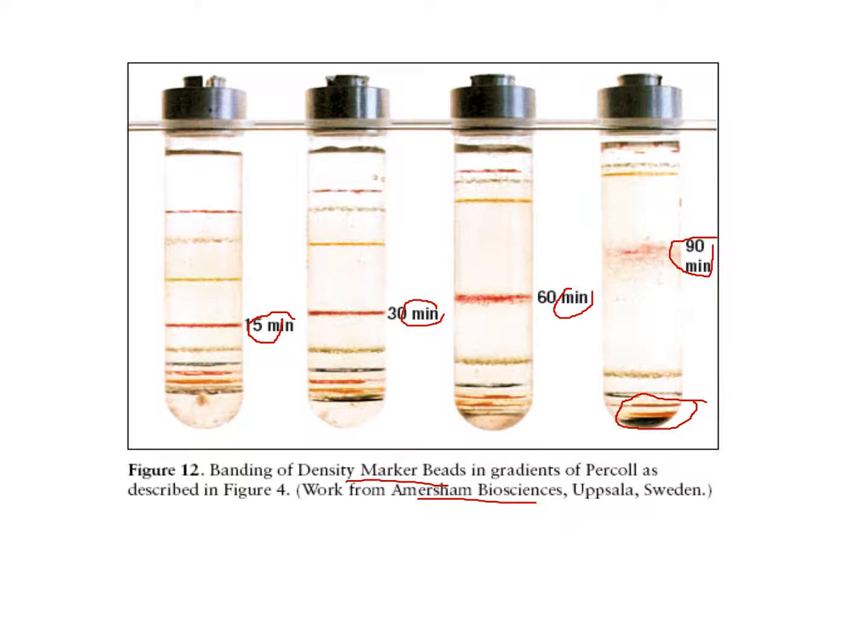So each area is a certain density. And since we've done this enough empirically, we know what organelles go here with this Percoll gradient, we know exactly how much Percoll, we know exactly what these beads are and how they distribute. So running a positive control tells you the time you probably need to do on your rate zonal.